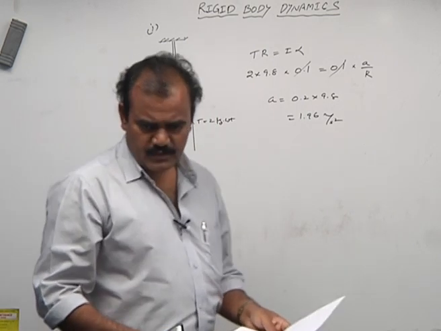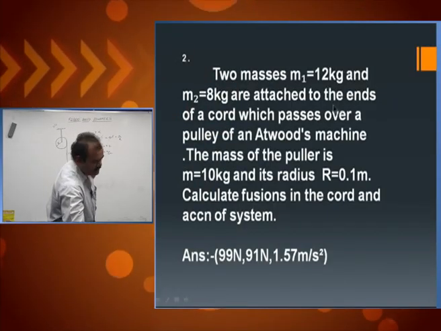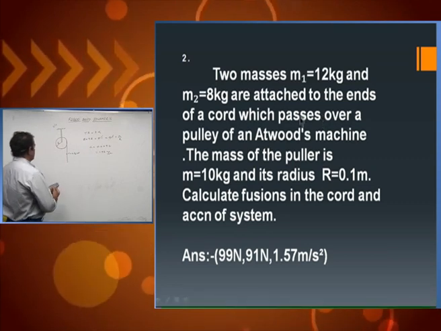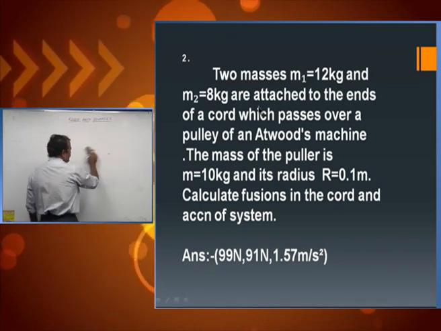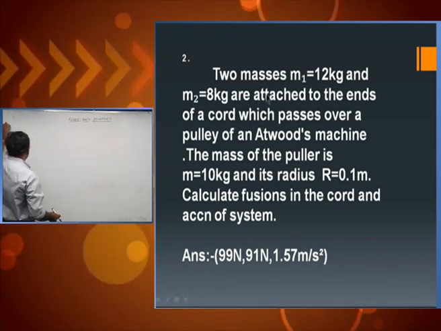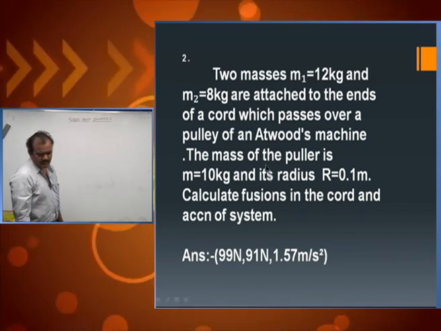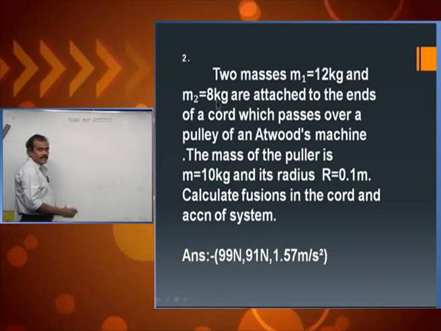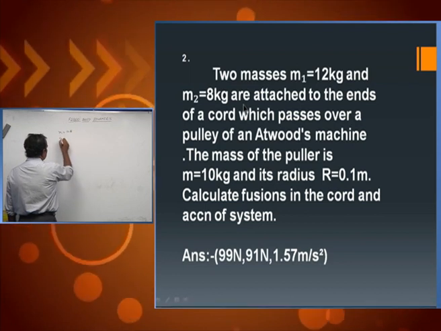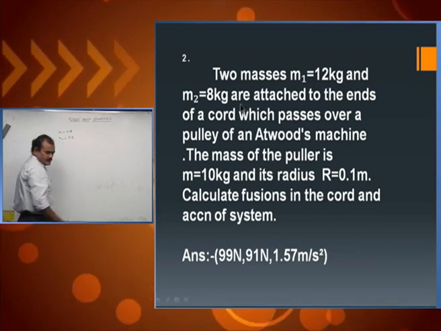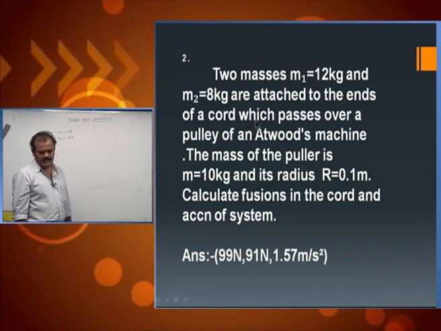It is mentioned two masses, m1 is equal to 12 kg and m2 is equal to 8 kg. In this second problem you are not given any figure, but even then from the given data you have to draw the figure, because it is mentioned as Atwood's machine. The two masses are attached to the ends of a cord which passes over a pulley of an Atwood's machine.